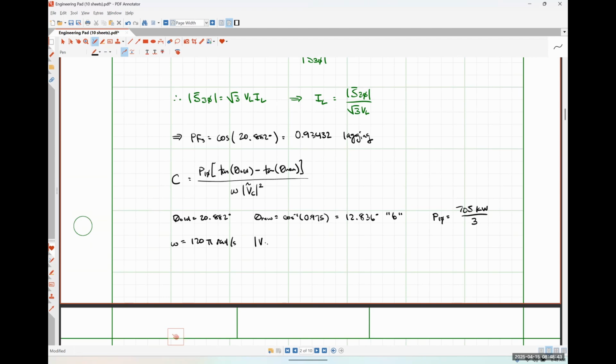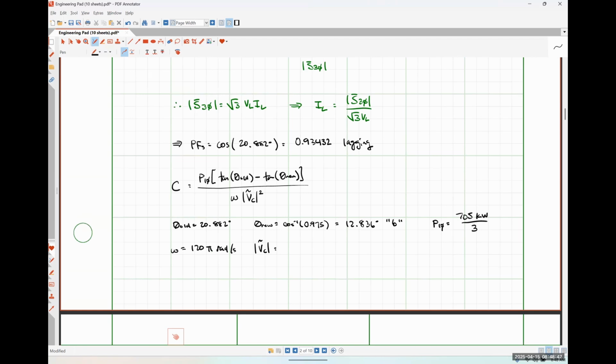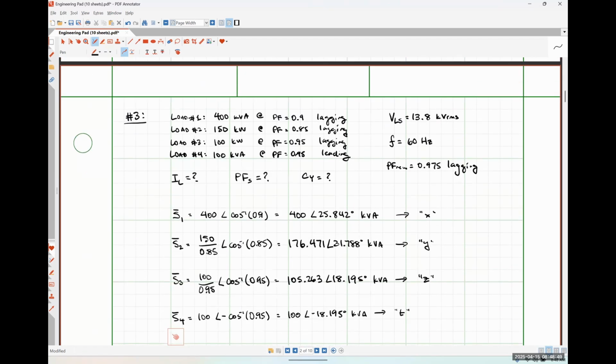And then the last thing we need to figure out is the magnitude of our capacitor voltage. We're told specifically that we want a Y-connected capacitor bank, but we have a line-to-line voltage. So how are we going to make that look like a line-to-neutral voltage? Divide by √3, absolutely right.